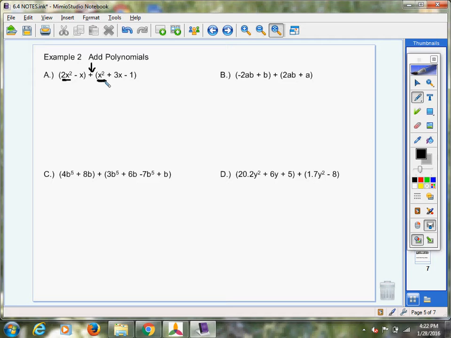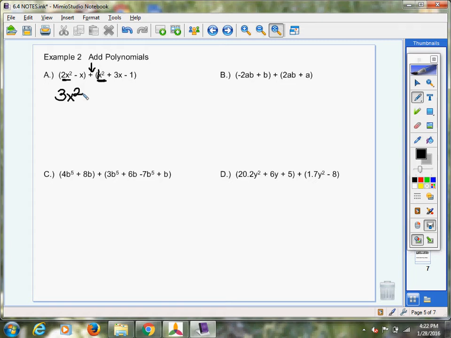Now, x squared has an understood 1 in front of it. So when I add, I don't want to just skip over that number because I don't see it. I want to acknowledge it. Yes, that's a 1, and therefore add 2 plus 1 and get 3. So I'm going to bring down, how many x squareds do I have? I have 3 x squareds.